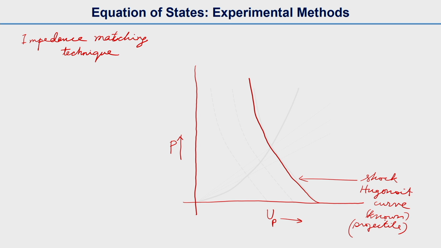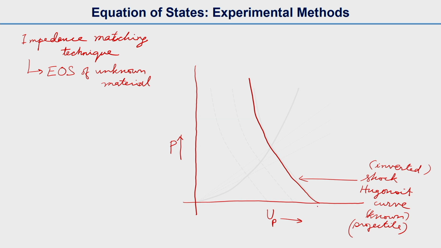From this impedance matching curve we want to obtain the EOS of the unknown material, that is our target material. Now we know the shock Hugoniot curve for the projectile. This is called an inverted shock Hugoniot, as we discussed in the earlier class, because the particle velocity decreases with increase in pressure.